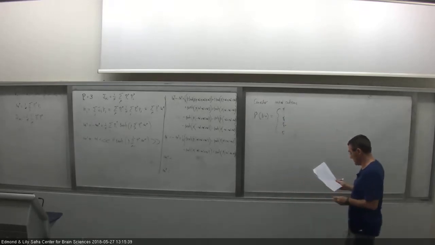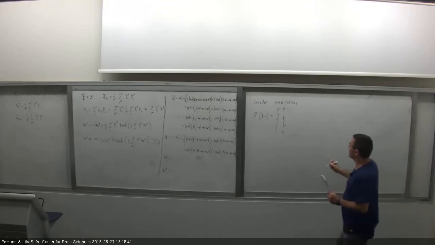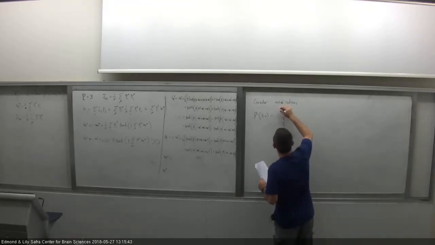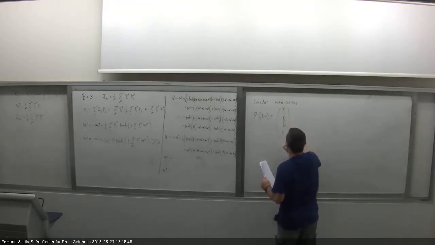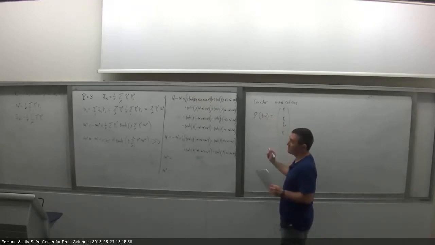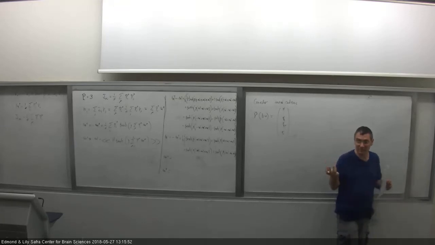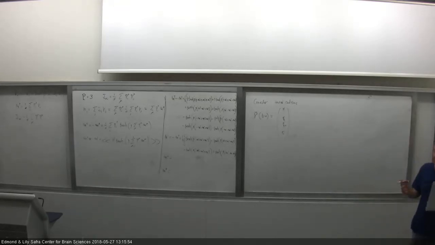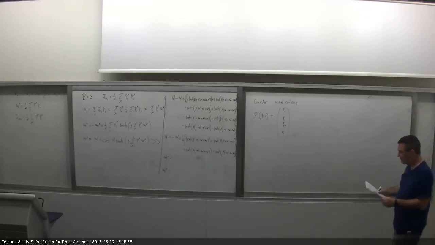So this would be the vector. Let's write it as a vector. We're thinking about initial conditions in which we have partial overlap with memory pattern 1 and partial overlap with minus memory pattern 1.